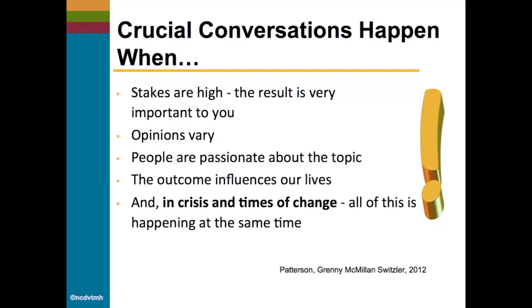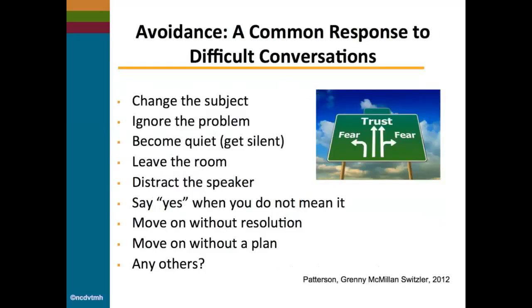So I want to unpack avoidance a little bit. Avoidance is a common response, again, to a difficult conversation. We can change the subject. We can ignore the problem. We can get very silent and very quiet.